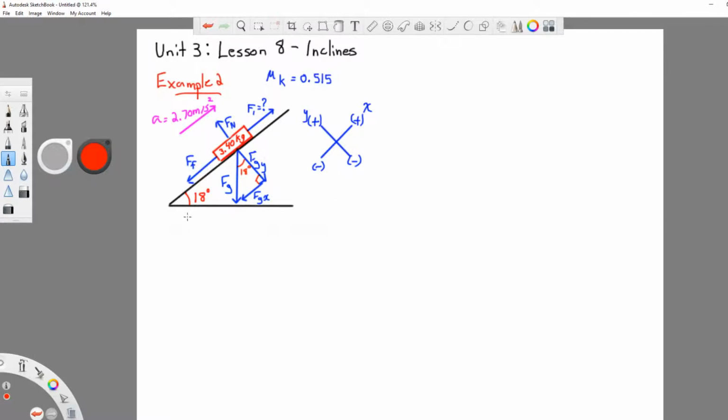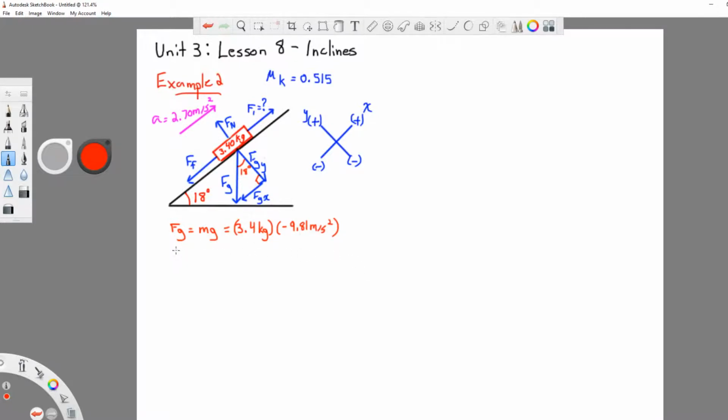So let's say here we have force of gravity, and we've used this formula quite a few times now, so we know that it's equal to mass times acceleration due to gravity, and we can say that this is equal to 3.4 kilos times the acceleration due to gravity, so negative 9.81 meters per second squared.